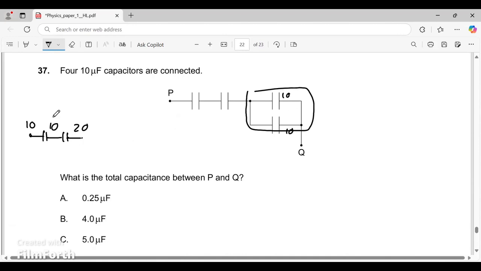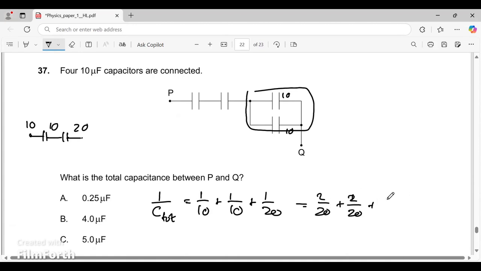So with 10, 10, 20, we can calculate the capacitance: 1 over C total equals 1 over 10 plus 1 over 10 plus 1 over 20. So this is 2 over 20 plus 2 over 20 plus 1 over 20.